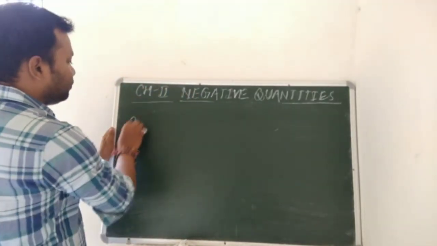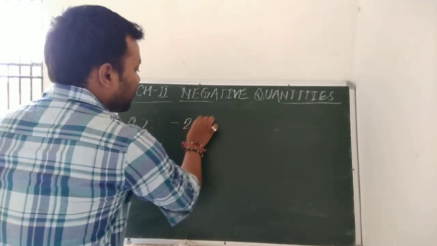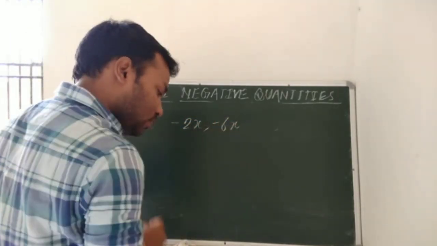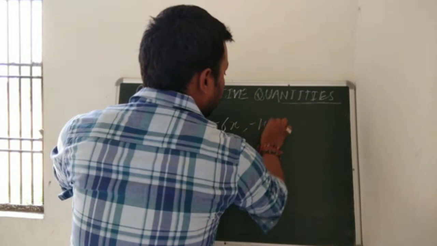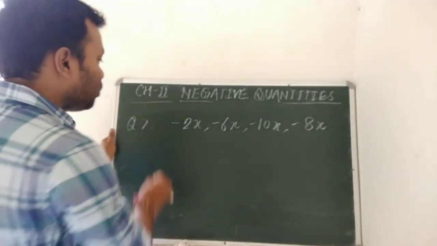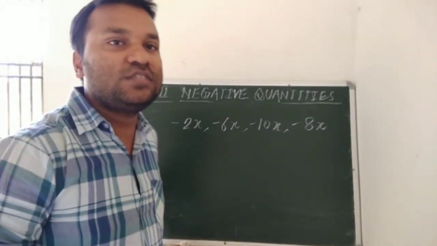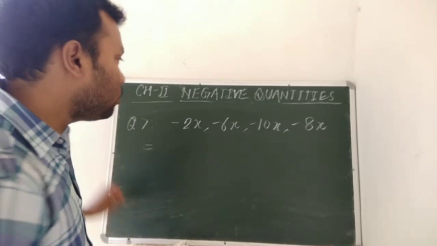Question number 7. In this question we have to add some negative quantities: minus 2x, minus 6x, minus 10x and minus 8x. Again, we will add coefficients numerically, that is we will take the numeric value of all the coefficients.